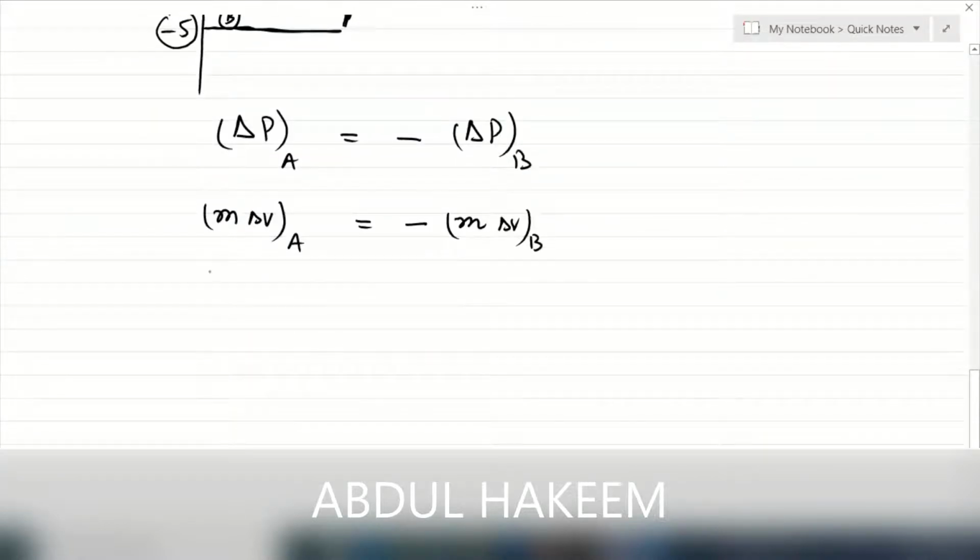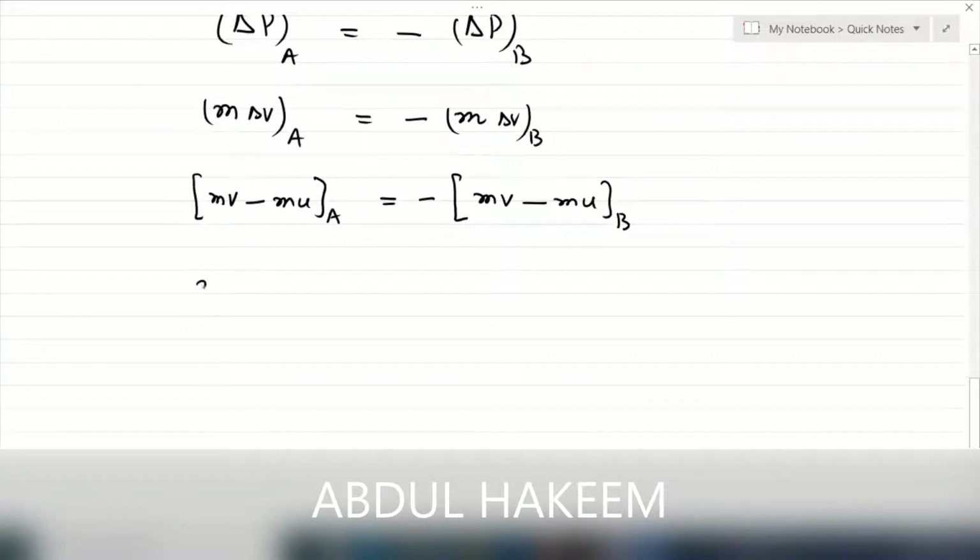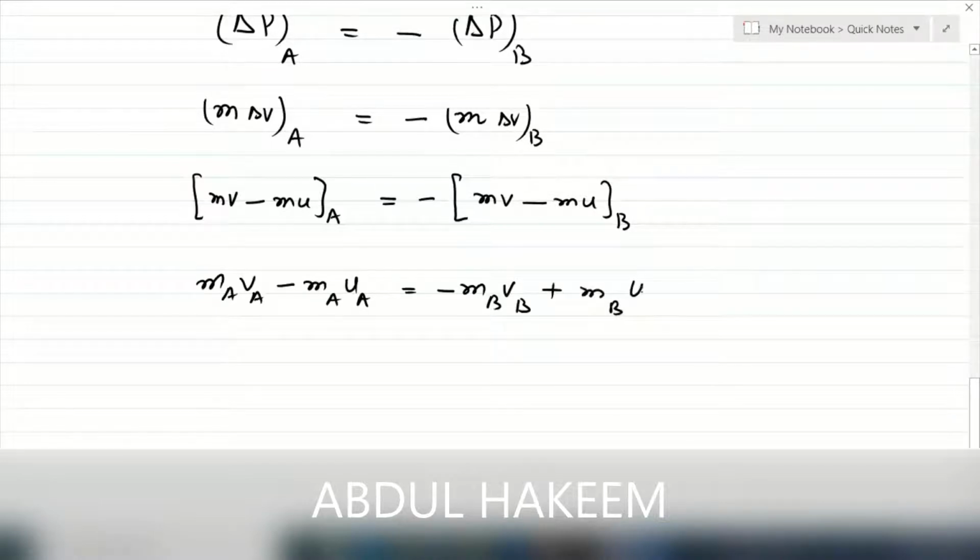So we can write here final momentum minus initial momentum of A is equal to minus final momentum of B minus initial momentum of B. Then MA VA minus MA UA equals minus MB VB plus MB UB.